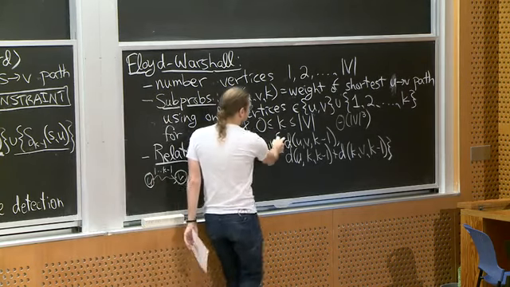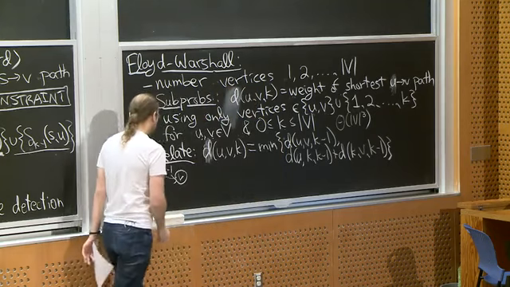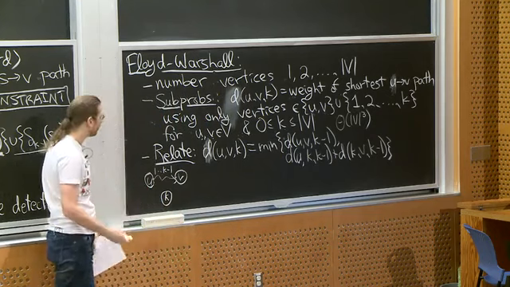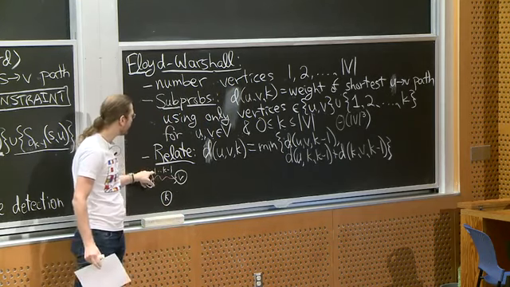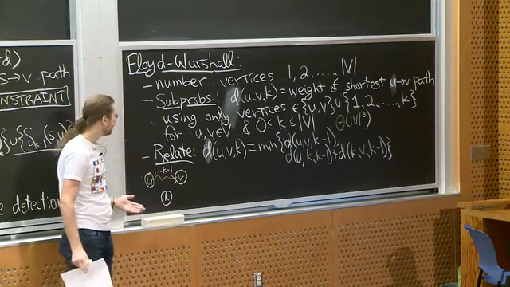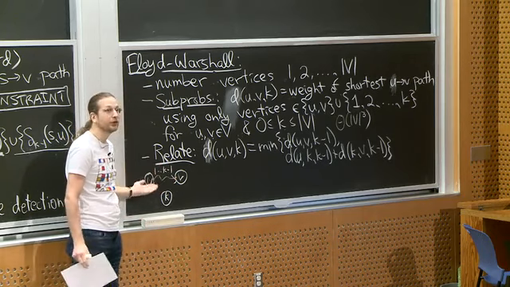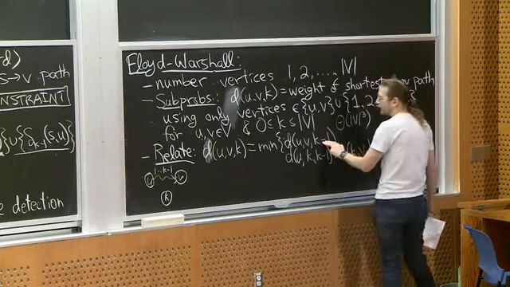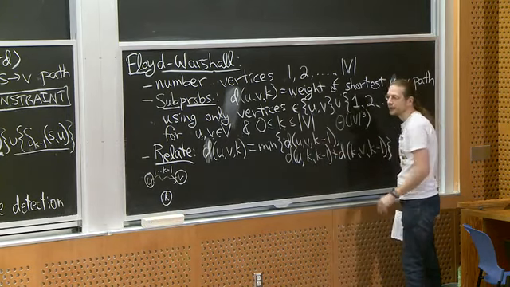That's what this quantity is. So now we're trying to add in this vertex k and think about what are all the paths that could go from u to v using 1 up to k. Well, it could be the shortest path from u to v using 1 up to k doesn't use vertex k. That's the first option. Just use vertices 1 up to k minus 1.